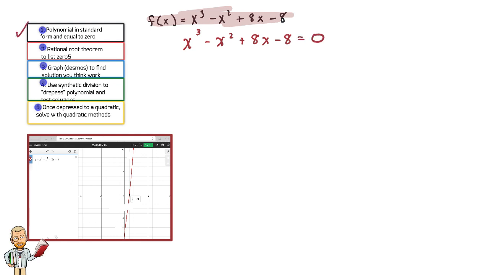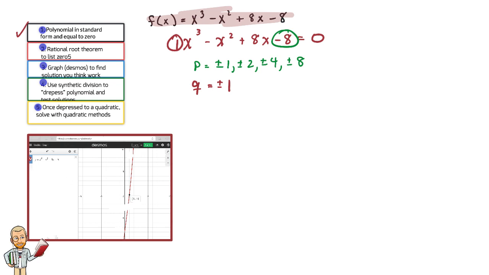So that's step 1. Okay, now we're going to use the rational root theorem, and we're going to try to find, or at least list, some of the solutions. So we make our list of p's. Remember, p's come from the constant term, all of its factors. And q comes from the lead coefficient.